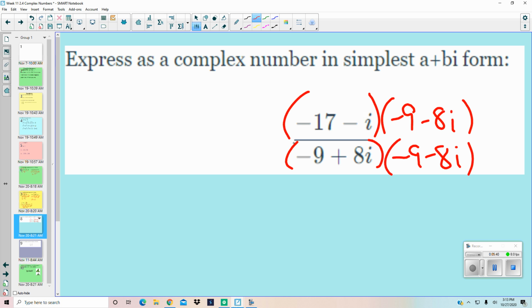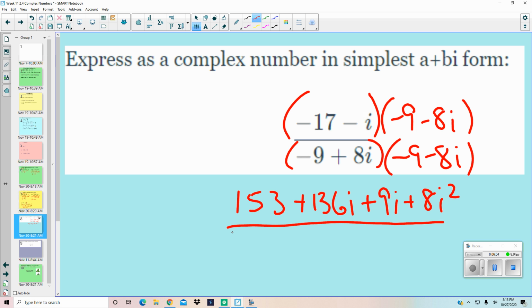So 17 times 9 is 153. Then I'm going to have negative 8 times negative 17, which is 136. And then positive 9i when I multiply the inside, and then positive 8i squared. So that's my numerator. My denominator is going to give me 81.